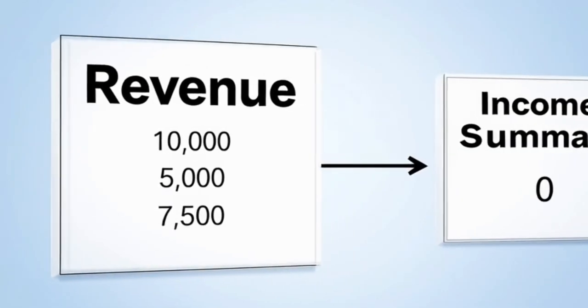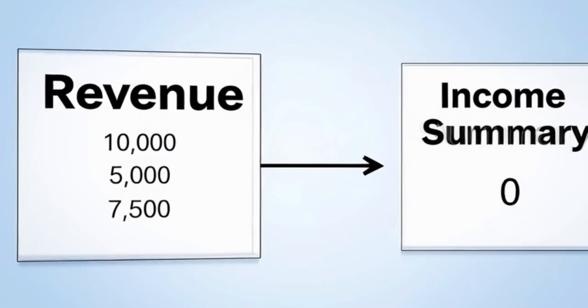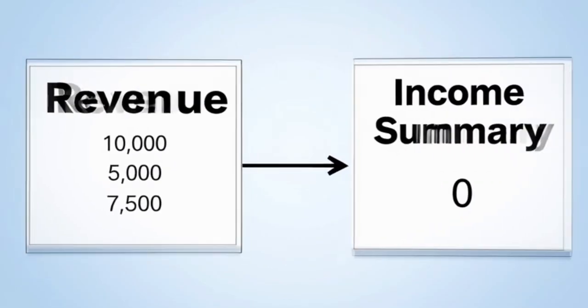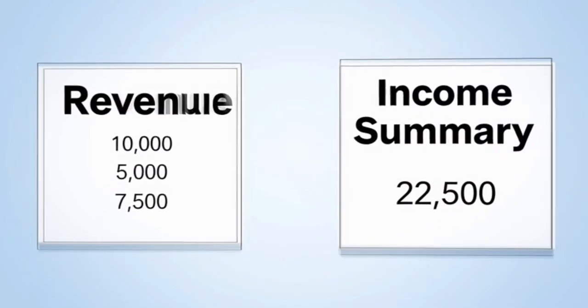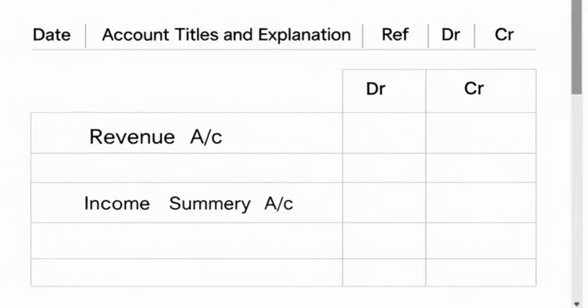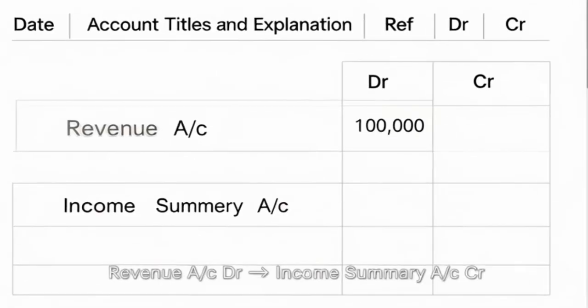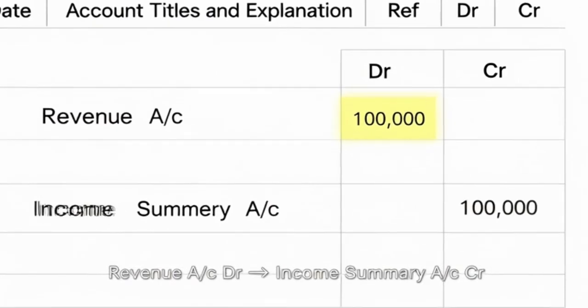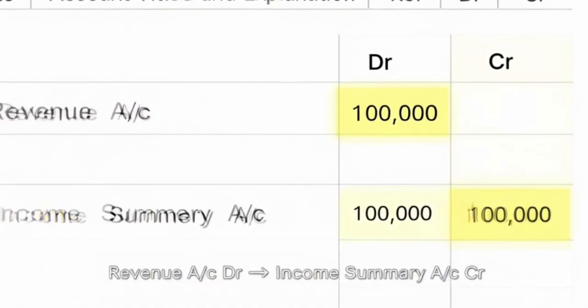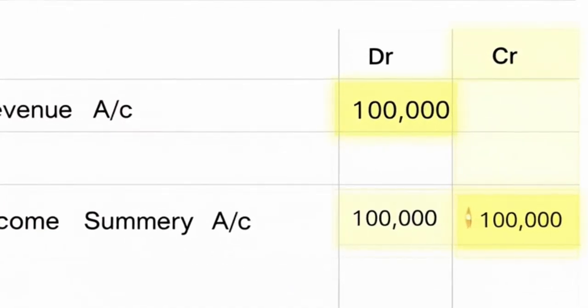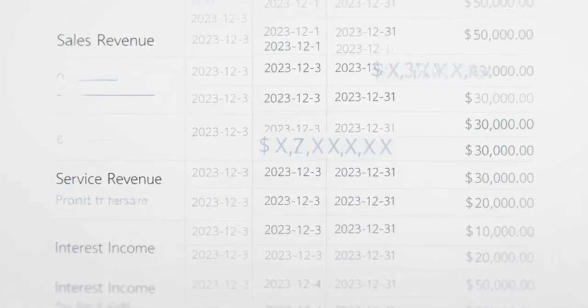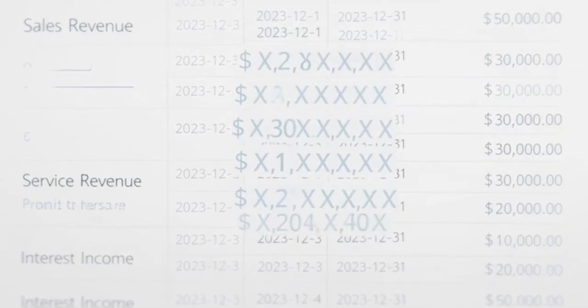Revenue balances are transferred to the income summary account. The closing entry for revenue is revenue account debit and income summary account credit. After closing, revenue accounts have a zero balance.